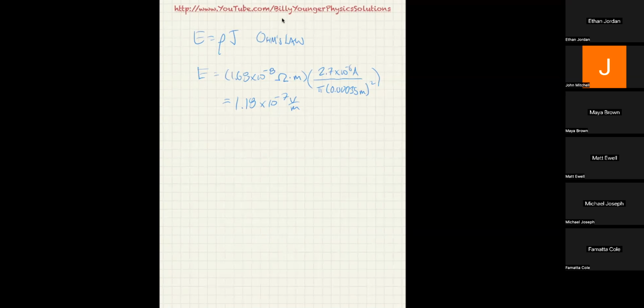I've got some very specific problems I'm planning on working for you because last time I gave you an intro to basically Kirchhoff's loop rule and Kirchhoff's junction rule. They are rules that give us tricks to solve circuits.